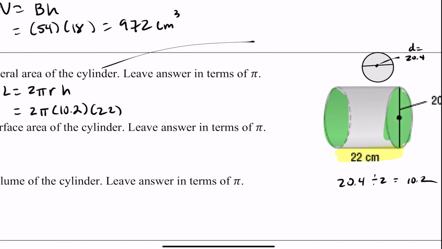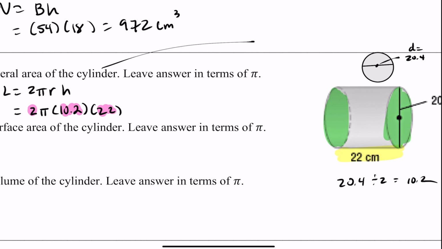When you give your answer, make sure you leave it in terms of pi, since you are dealing with circles. So you multiply the 2, the 10.2, and the 22 together.